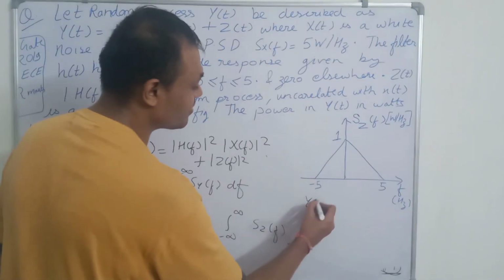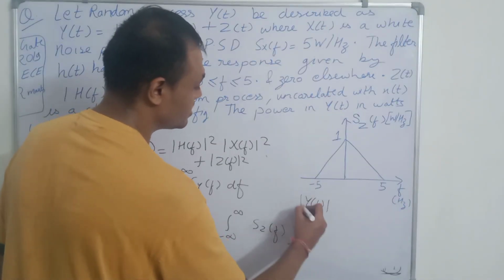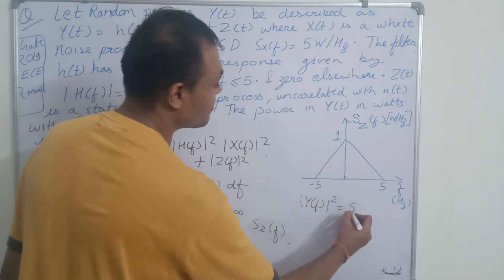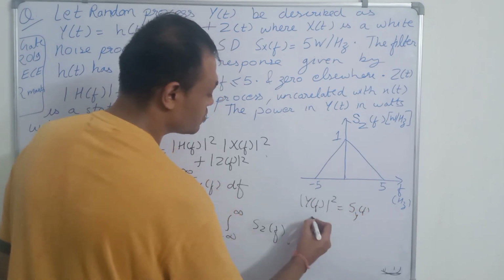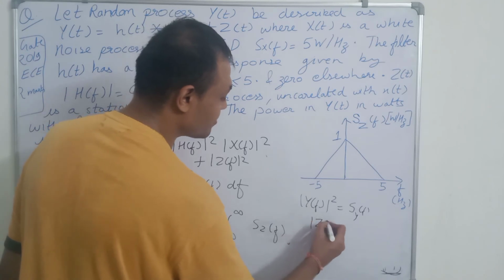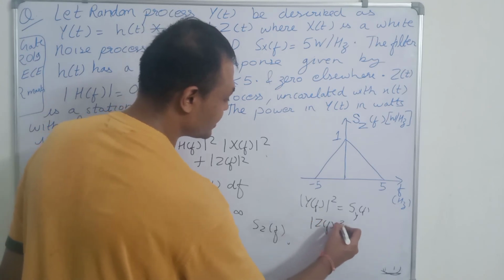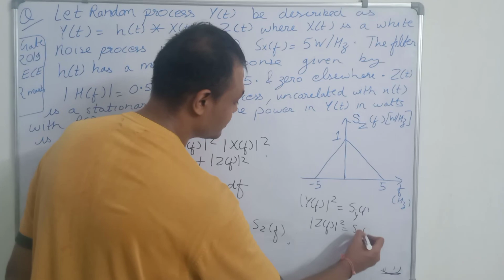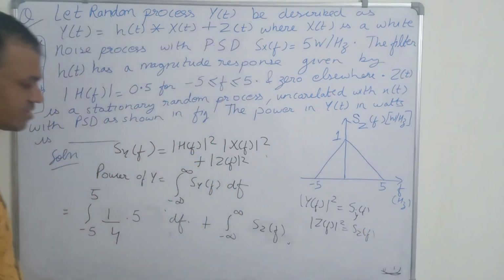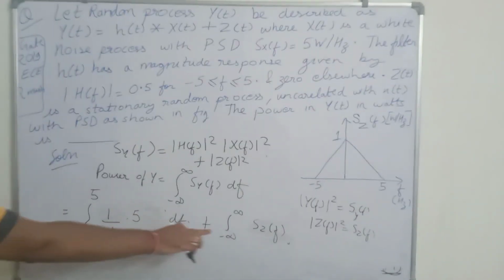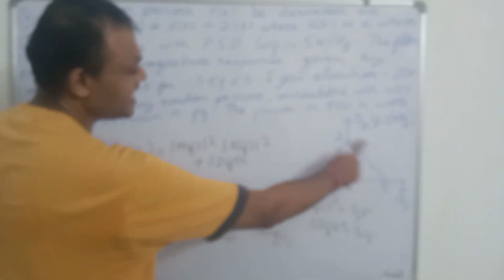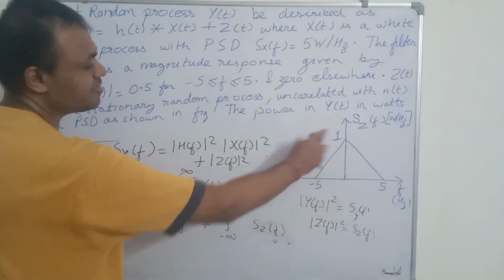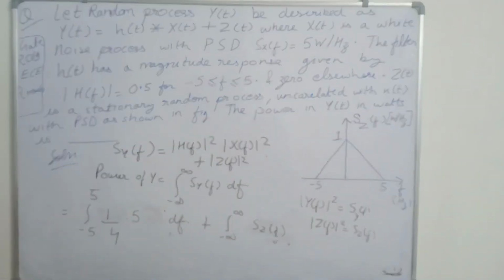So y of f whole square is equal to the power spectral density of y, Sy of f. Similarly z of f whole square is equal to the power spectral density of z. Now the integration of Sz will be the area of this power spectral density.